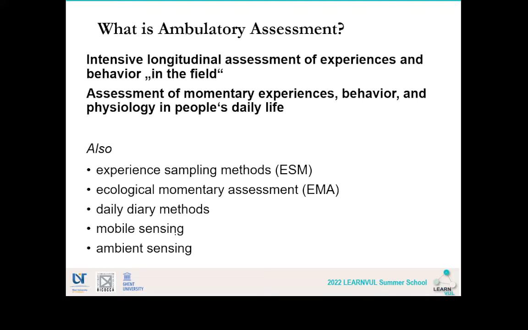The idea is that you have multiple, so intensive in the sense that we're not talking about a couple of assessments. We are talking much more. And the advantage is that you can have that in real life. So you don't ask people to come into the lab, but you're collecting data in their everyday life activities.